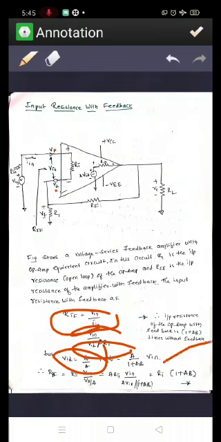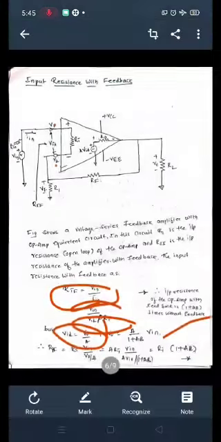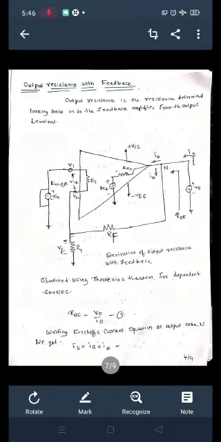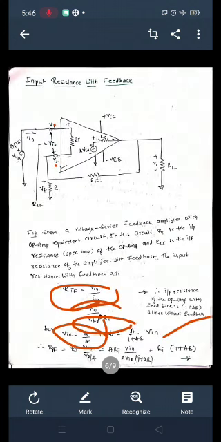Therefore the input resistance with feedback RIF is equal to Vin divided by (V0 divided by A) into Ri, that is equal to Ri into 1 plus AB.